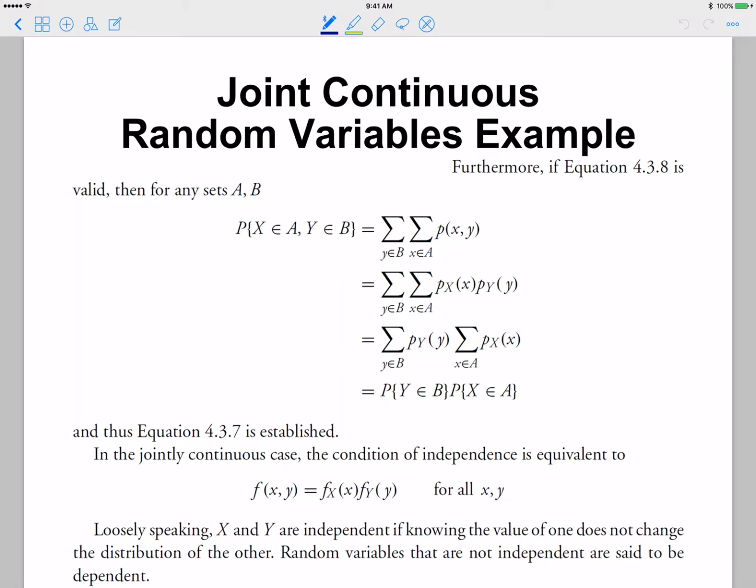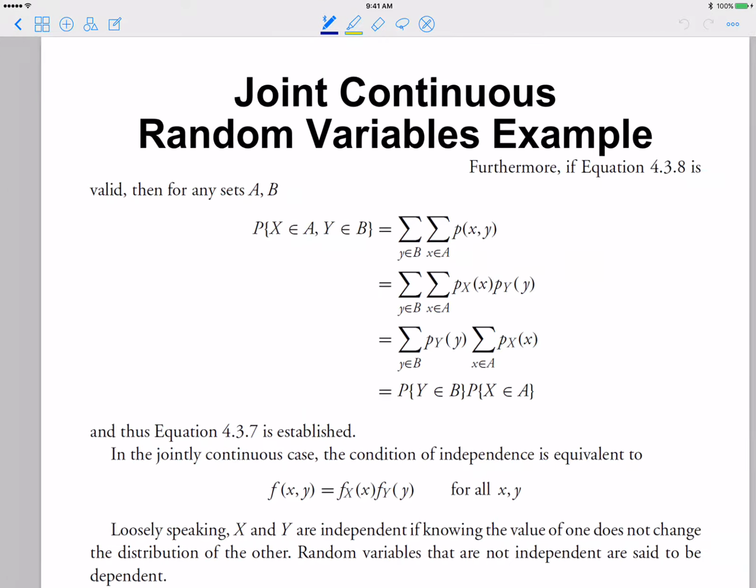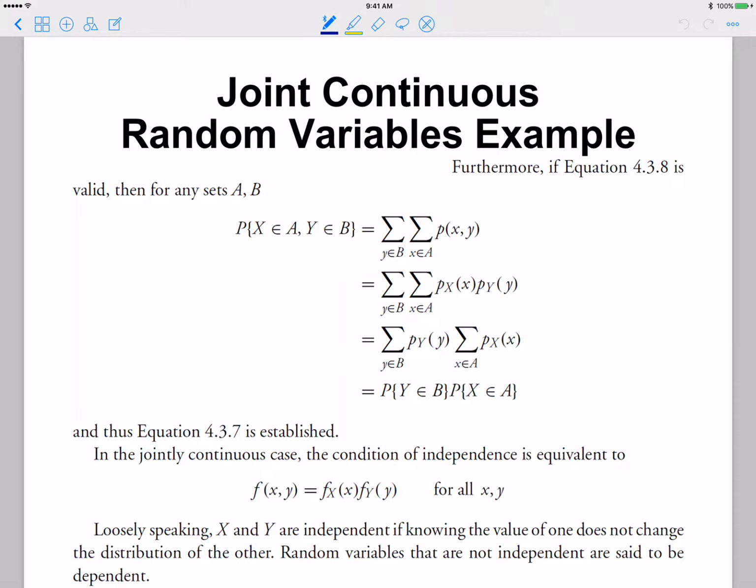And then also, from this equation, where we consider the cumulative distribution function or the probability mass function, back to the continuous random variable case, where we start with this cumulative distribution function, we can consider its velocity function, which is called a density function, right? And in the case of the density function, this density can also be decomposed into the two marginal densities. So you can easily prove that, and you can also understand it intuitively.